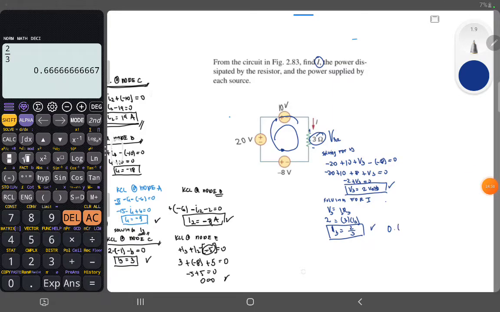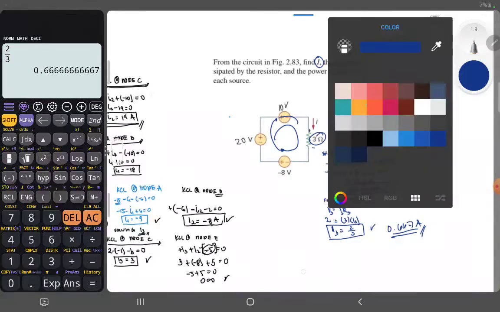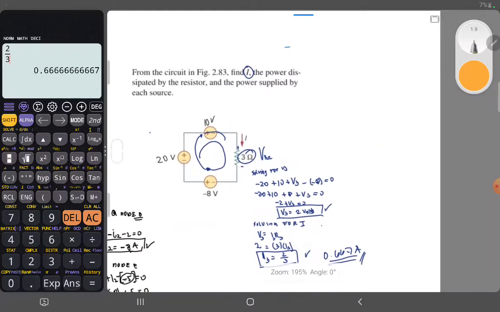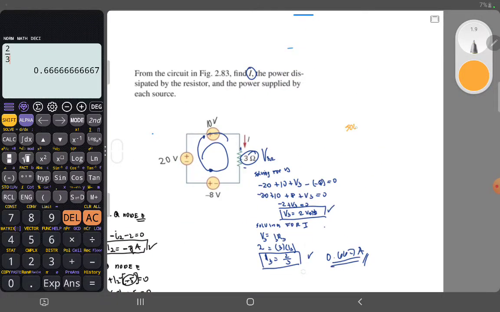Next, yung power dissipated by the resistor. So power at the resistor or power at 3 ohm. So solving for P 3 ohm. Lagay natin dito. So, ano ba yung power ng P 3 ohm natin?